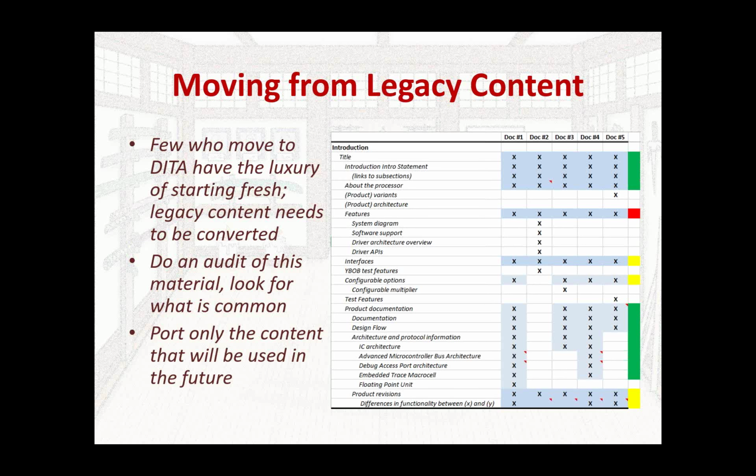So it was a fairly exhaustive review, but in the end it paid huge dividends because they came up with one document type that covered the vast majority of what this type of document would ever need, and also came up with a good plan for reusing content as much as possible. I hope that answers the question.